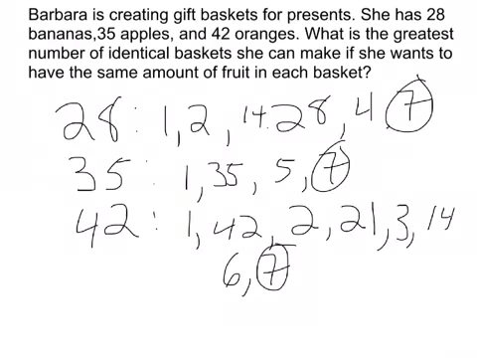Or she can only make 7 baskets if she wants to have the same amount of fruit. All right, so she can only make 7 baskets, and 7's the GCF.